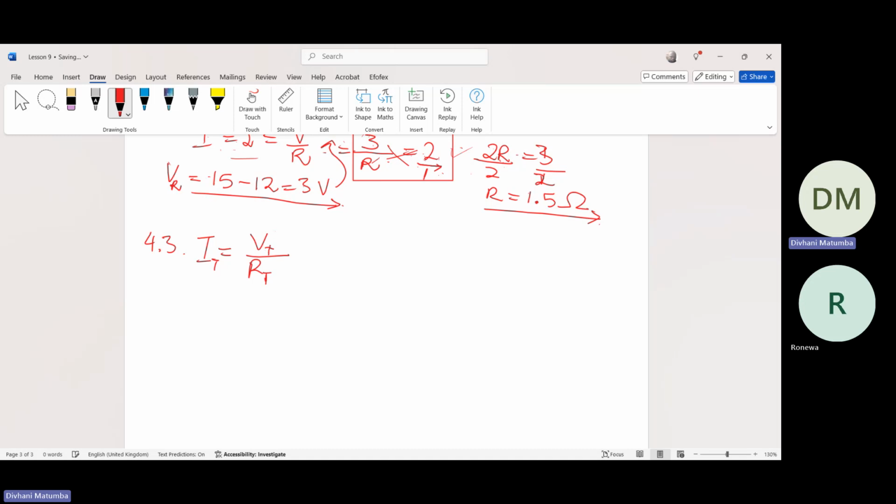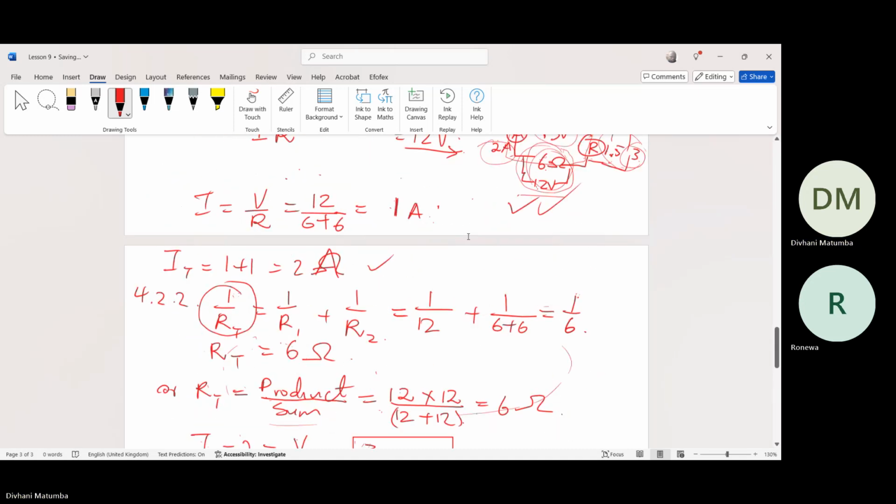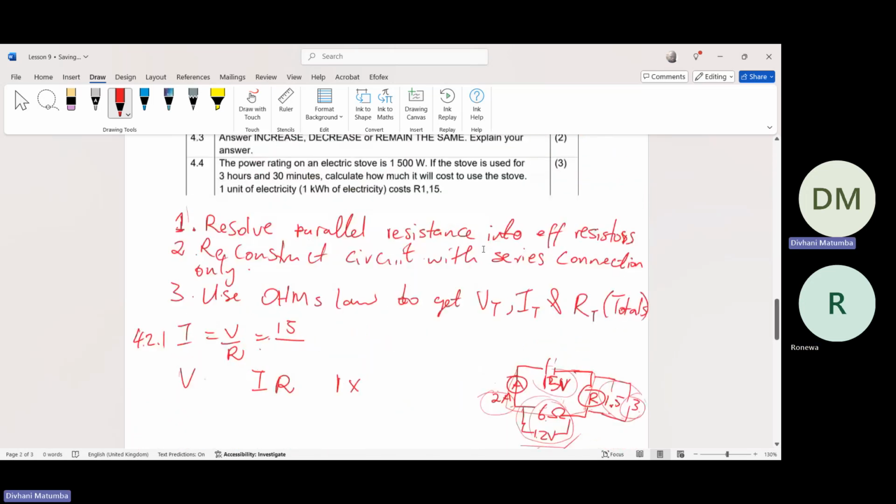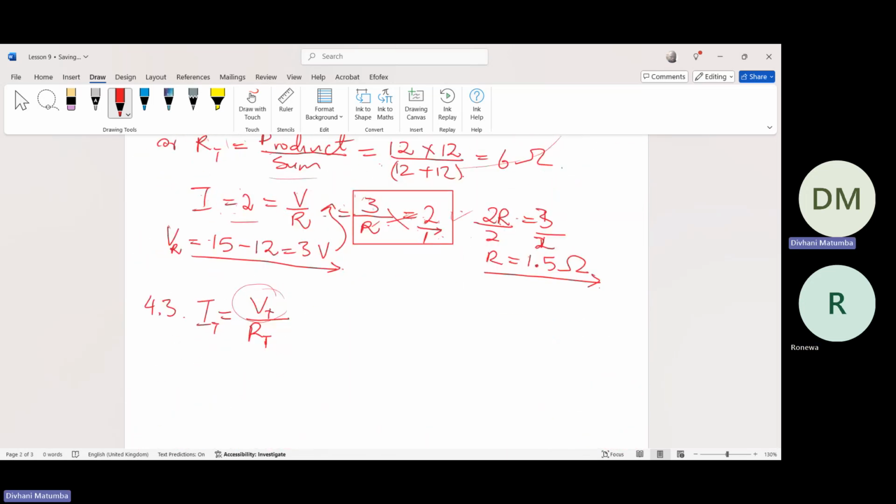In this case, does our V total change? No, sir. No, it doesn't. Perfect. Does our R total change in this case? Yes, sir.